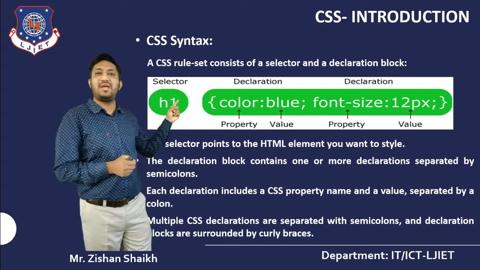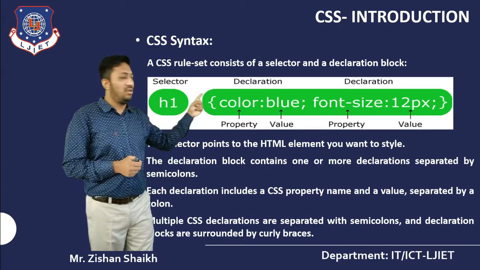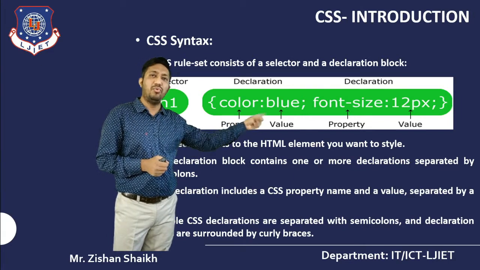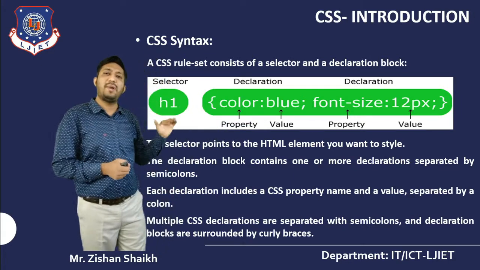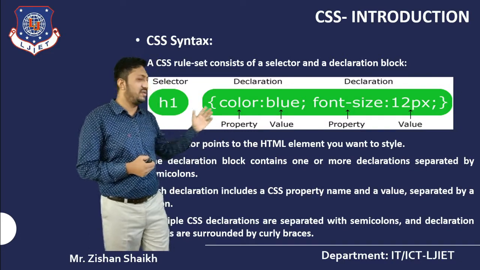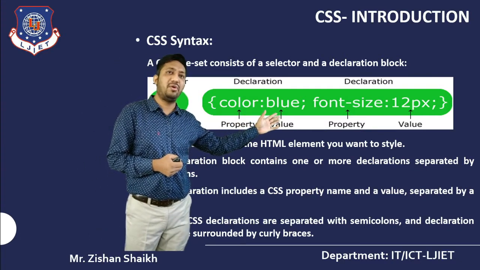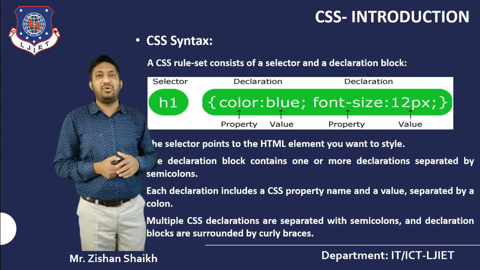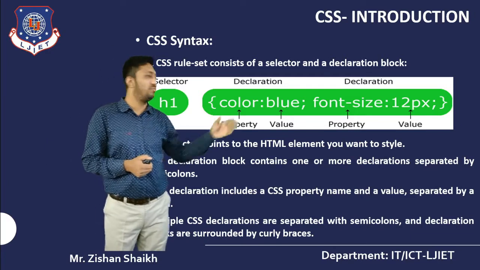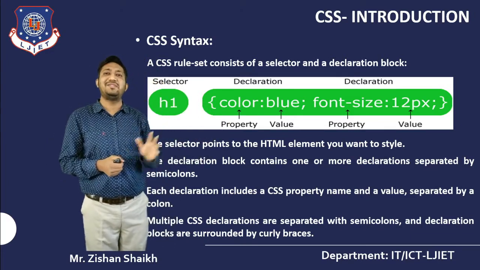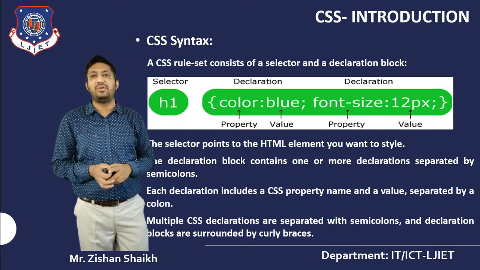Here the h1 tag is my selector, the property is color, and the value is blue. Suppose I want to apply more than one property here, then they will be separated by a semicolon. So in h1 I am writing color is blue and font size will be 12 pixel. Using this syntax we can apply CSS to h1.